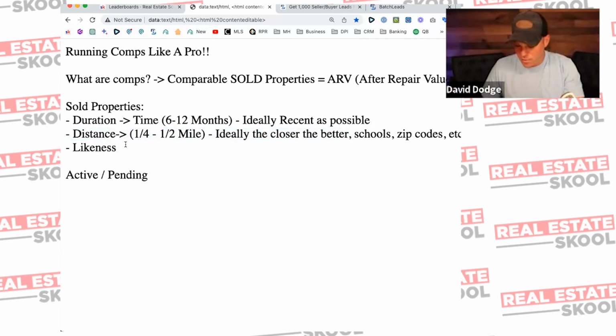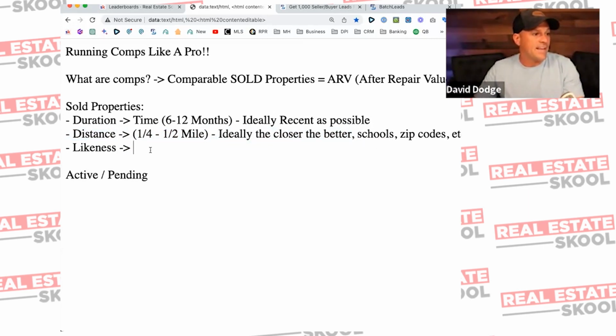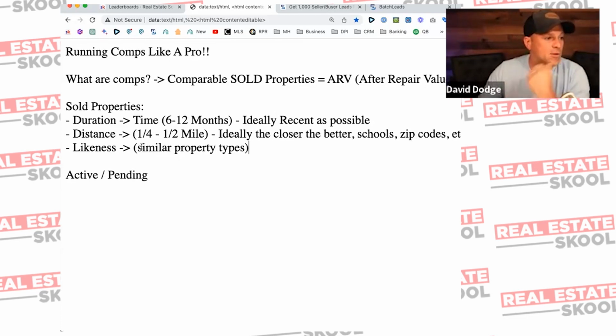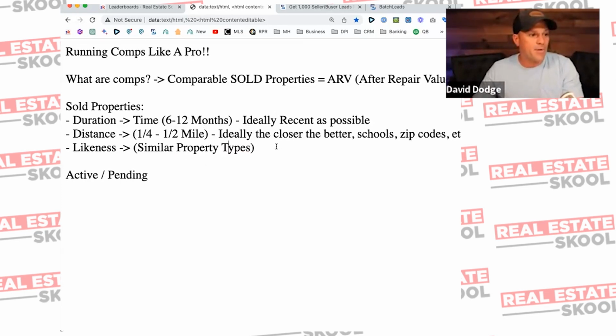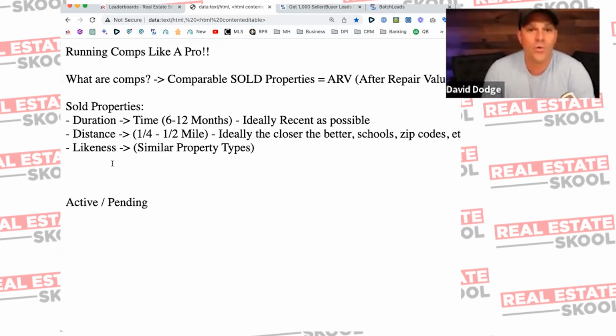But the third thing I want to mention today is the likeness. And the likeness really refers to similar property types, okay? What I mean by that is when we are comping properties, we don't want to comp a property that is, let's say, a 2-bedroom, 2-bath to another sold property that may be a 5-bedroom, 3-bath, right?